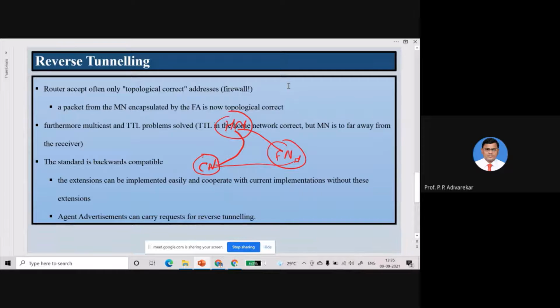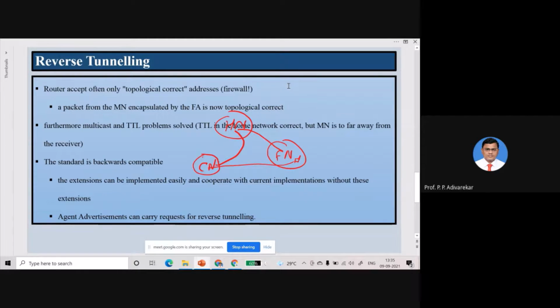Then the third issue was TTL. If you recall, in the case of tunneling, when tunnels are created, no matter how many routers are in between, the entire tunnel is considered as one hop. So for packets initiated by the mobile node, this is considered as one hop and included in the TTL field. Even if it is far away from the home network, it will still be one hop away from the home agent.